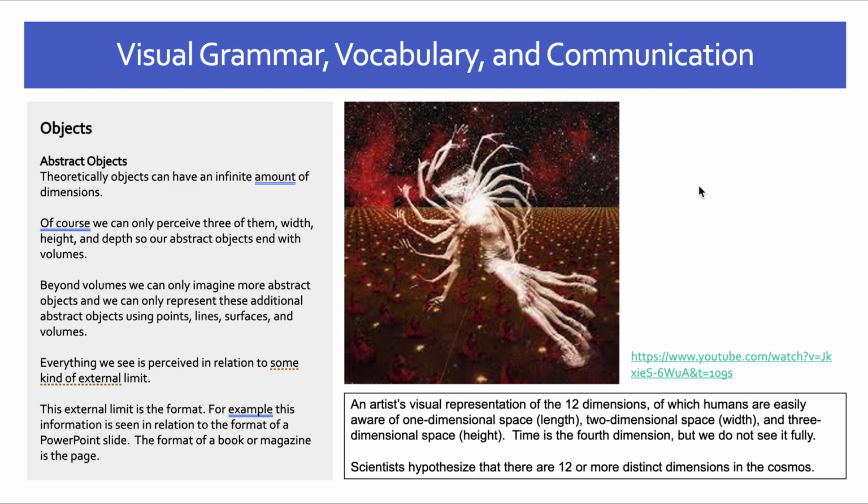And that is the same as a three-dimensional object passing through a two-dimensional world, which is only seen in that two-dimensional world as what slices through the paper. We're the same way as our 3 dimensions pass through time, we only see 1 second at a time. And so scientists have hypothesized that there are 12 or more distinct dimensions in the cosmos, and they've tried to explain that.